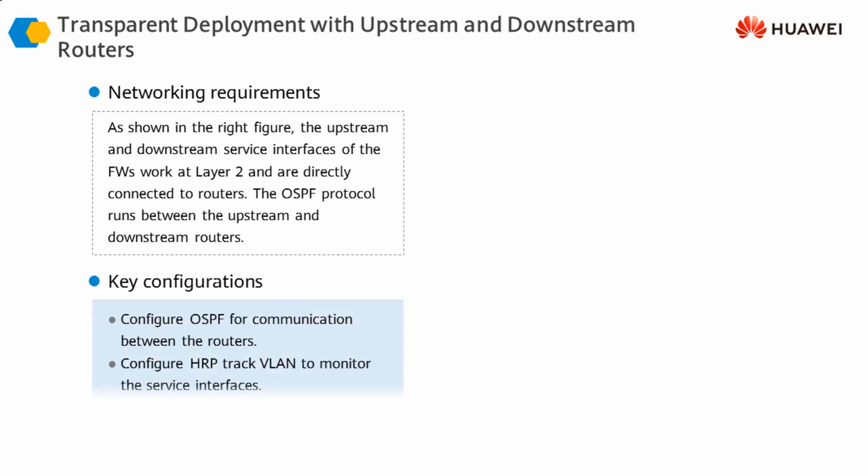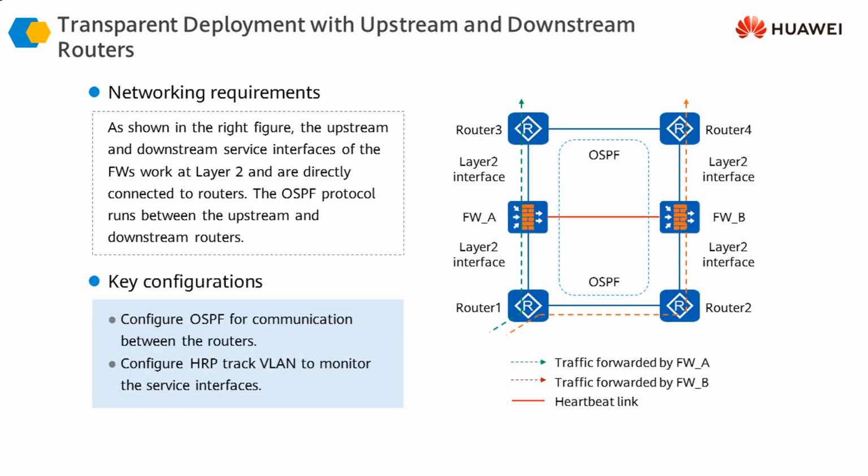Coming to the next scenario, we have firewalls acting as transparent devices, which means their service interfaces are acting as layer 2 interfaces.